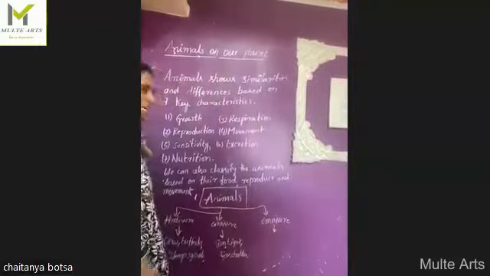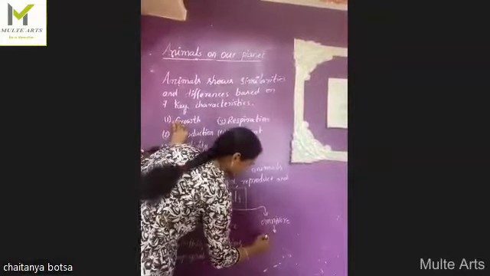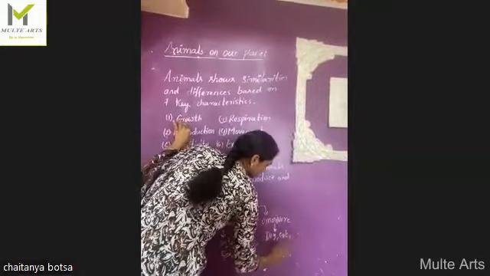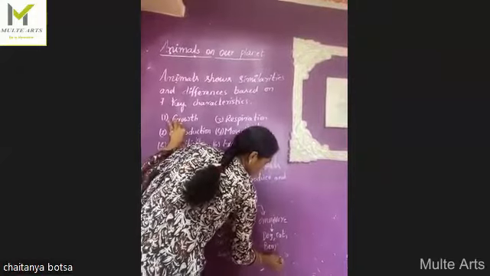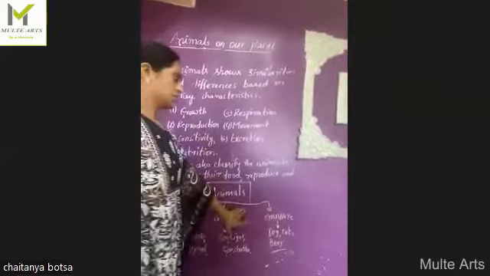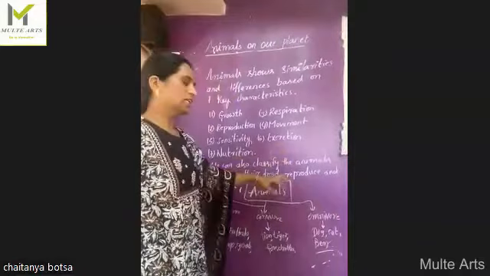Omnivores are animals which eat both plants and animal products, like dog, cat, deer, bear. These animals come under the omnivores. And next, we can also classify the animals based on their reproduction.